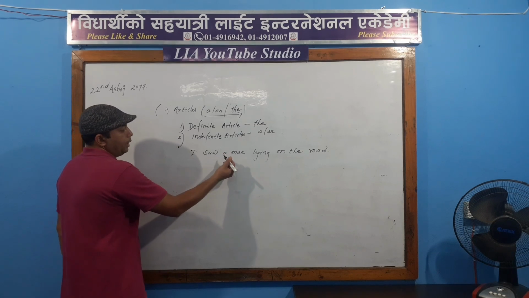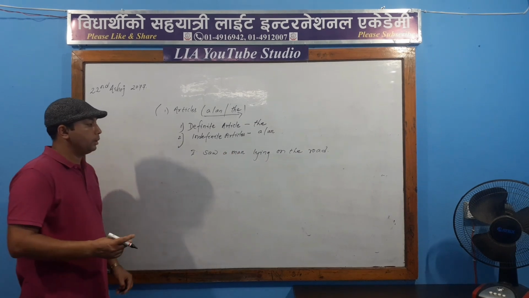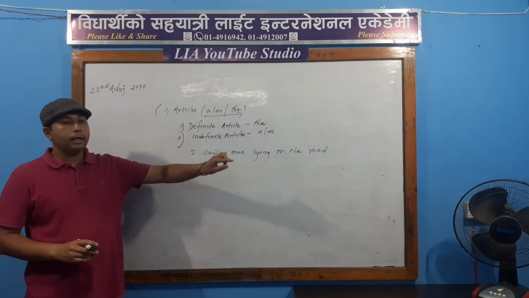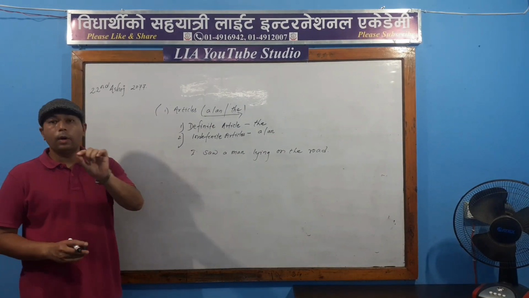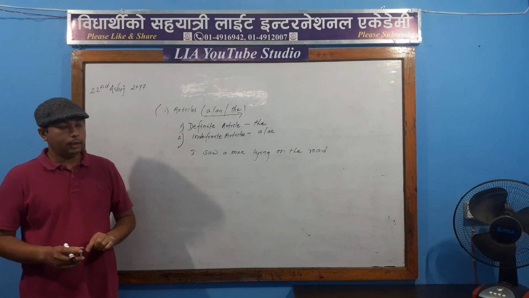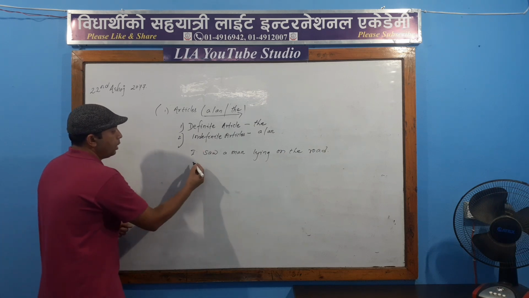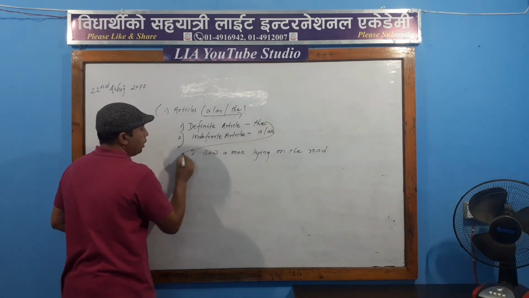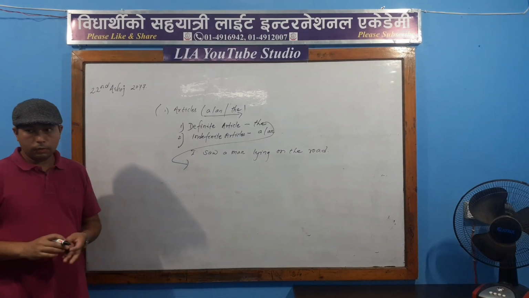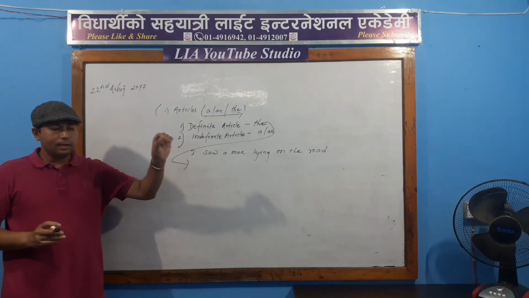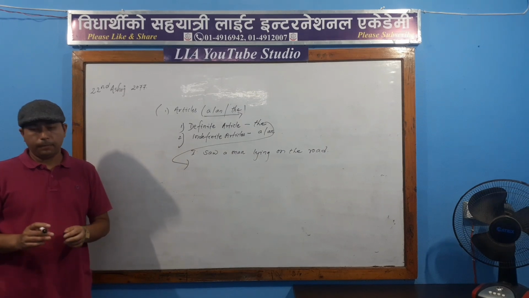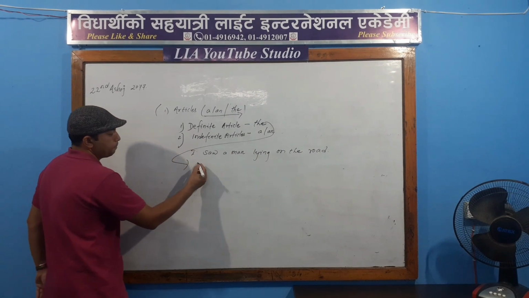So a and an are used for modifying a noun in the singular number. And then the is used to specify something particularly. For example, look here.